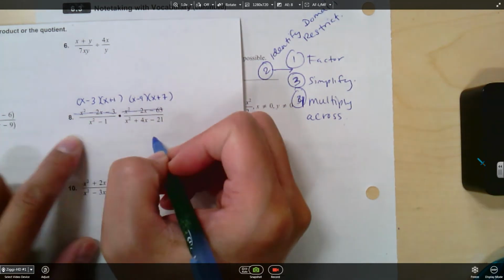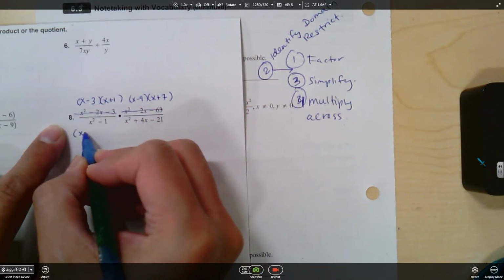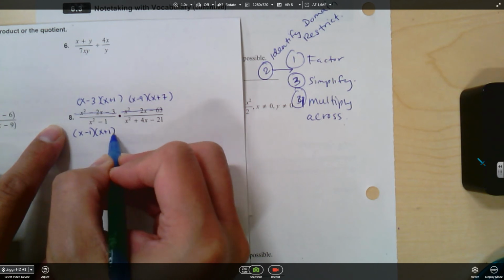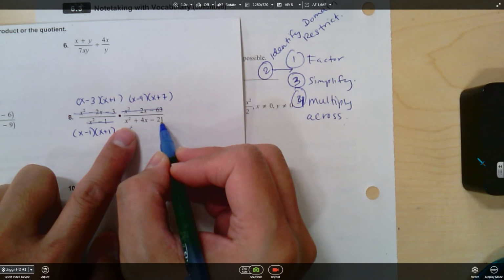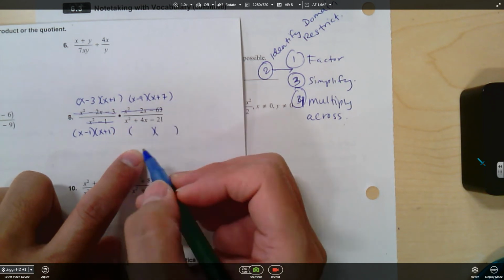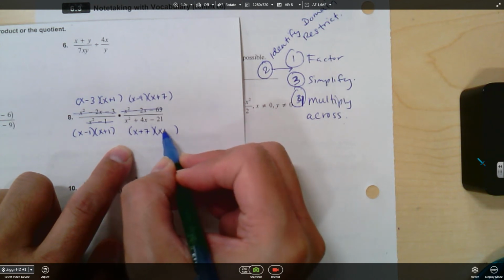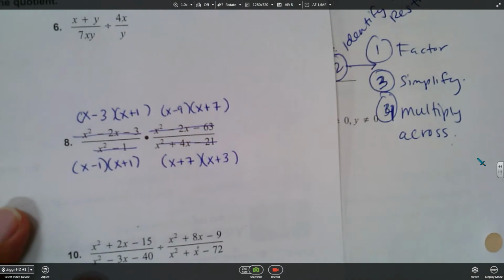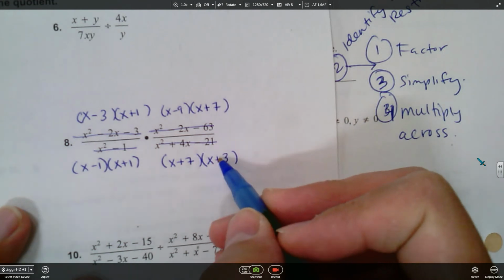Is this piece factored? Not yet. It's a difference of squares. And then this piece also needs to be factored. Two numbers that multiply to be -21 and add to be 4. 7 and 3, and the 7 is the positive. This is where you have to be really good at factoring, because that's the first thing you have to do, factor everything. Oh, it was -21, so that's a -3, right?